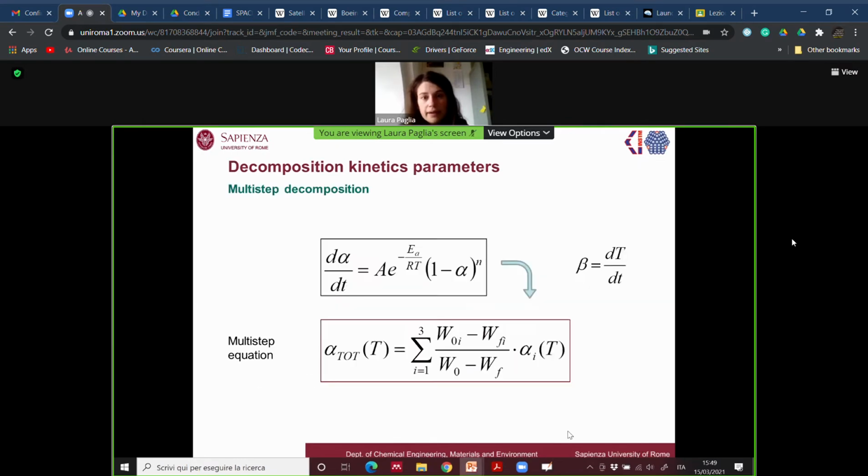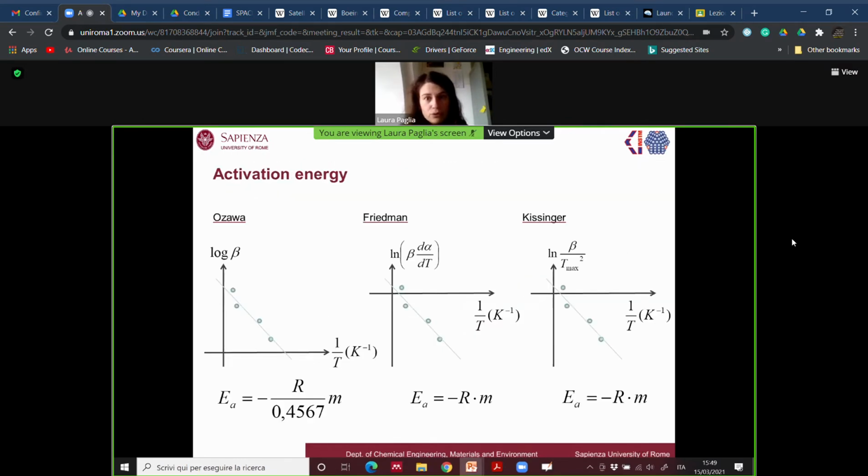Here we have also the Ozawa and Kissinger methods, which are different because they can be applied in different ways. For example, the Ozawa method is very good, but only for certain conditions. And also for Kissinger, we can have a good evaluation.